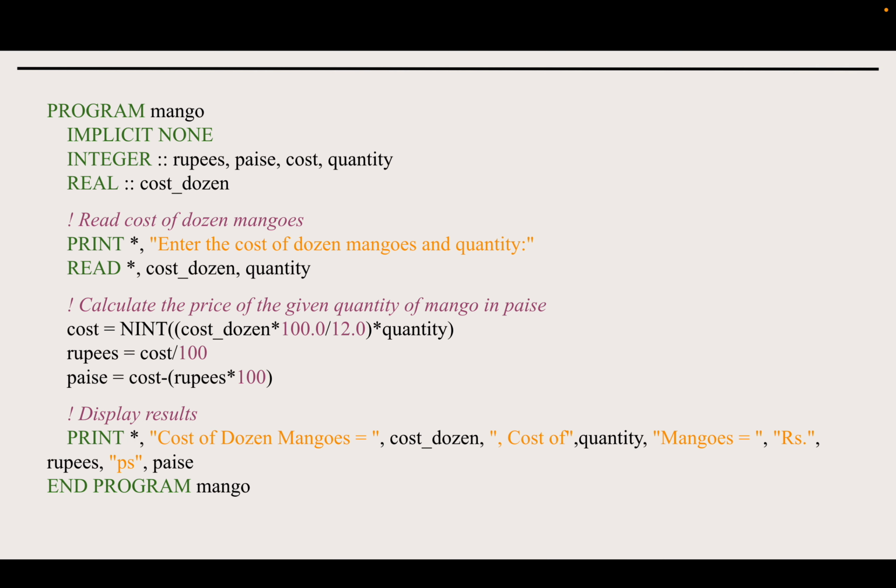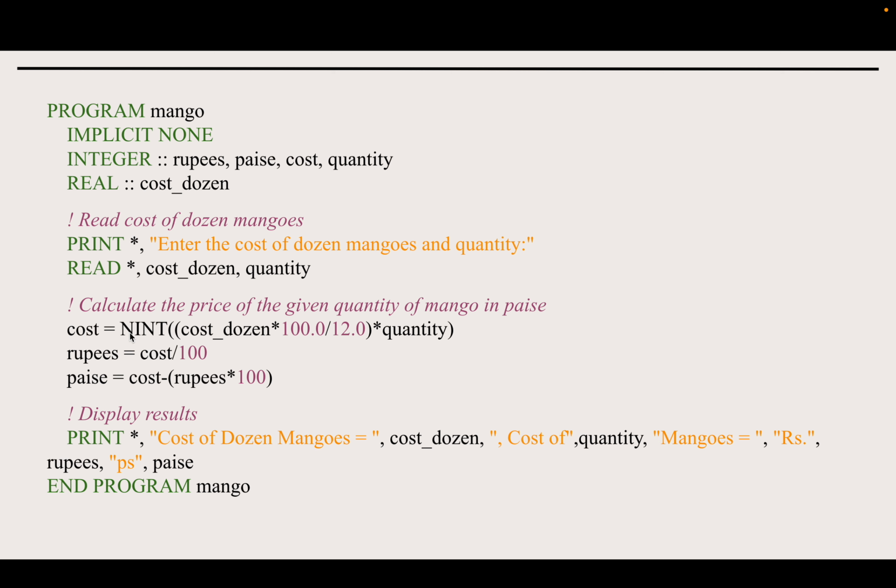So here is our code. The program we have started with is mango, and the integer data types that we are defining are rupees, paisa, cost and quantity, and real for cost of dozen, as the number is given as 60.80. That's why we are taking cost of dozen as real. Next, we want to enter the cost of dozen and the quantity from the keyboard. And here we will find out the cost in paisa.